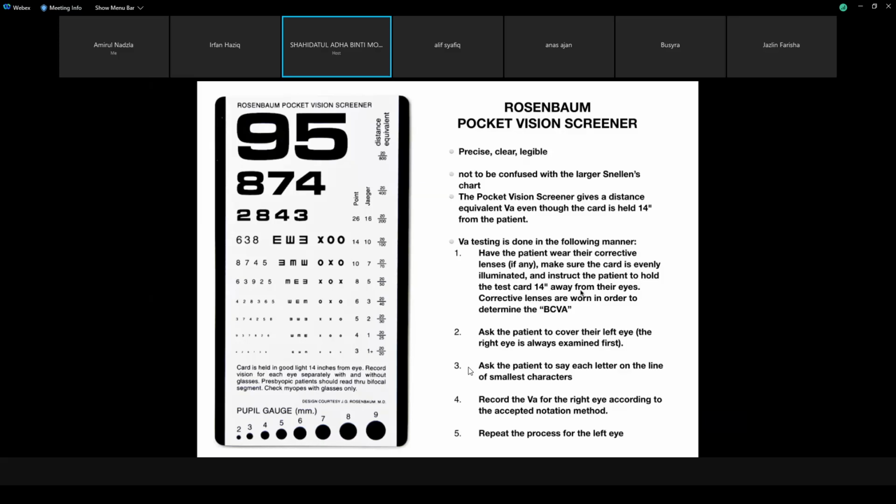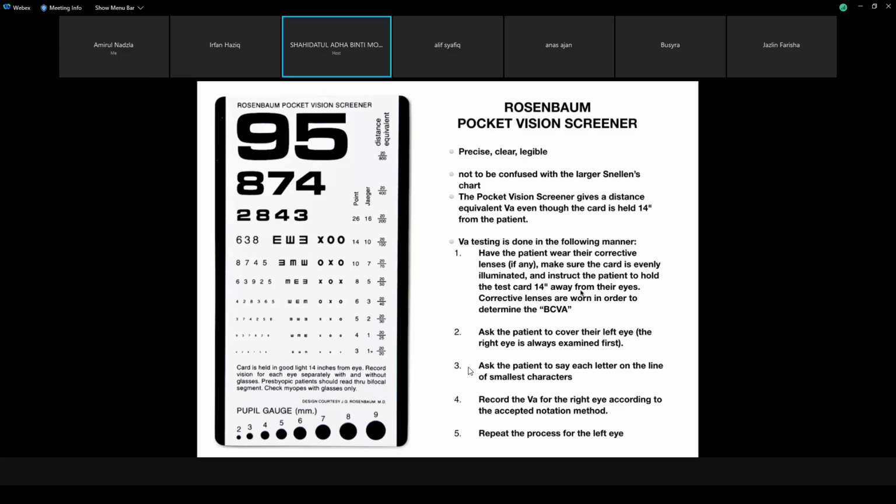This pocket Rosenbaum, you test at near distance, about 14 inches, around 30 cm. But it is not testing near vision. It tests distant vision, but the distance tested is using near vision. Alright? It has a distant equivalent at the side.